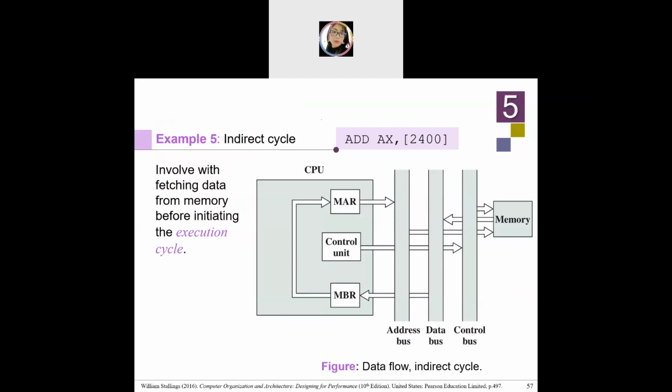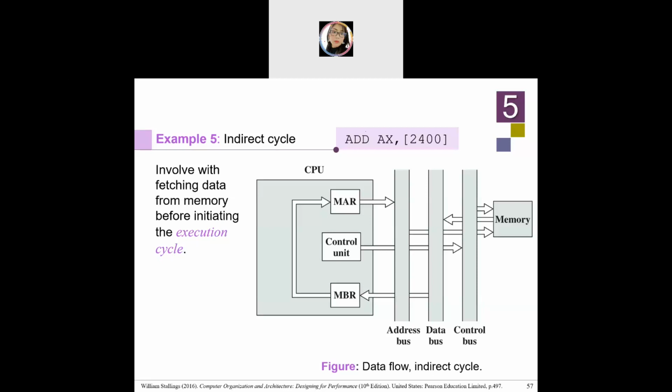So let's see the example of the indirect cycle. Example 5 for the indirect cycle. It involves fetching data from memory before initiating the execution cycle.